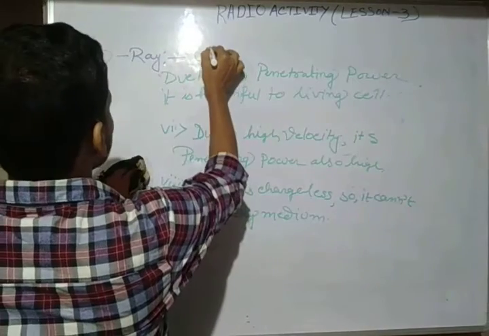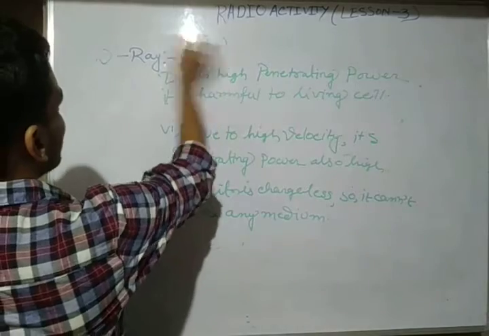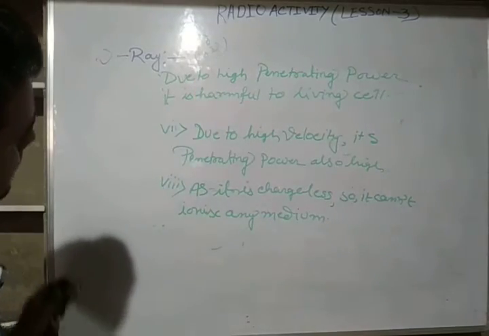And gamma ray is denoted by this because it is chargeless and massless. Okay.